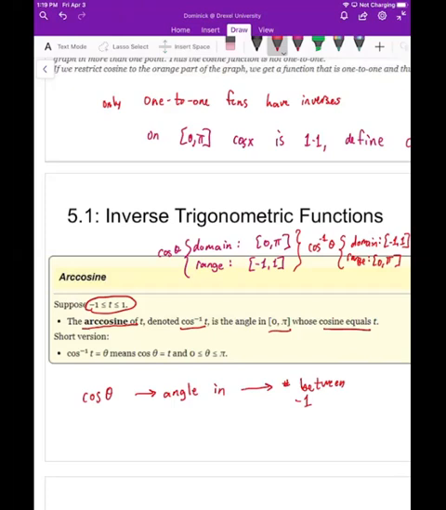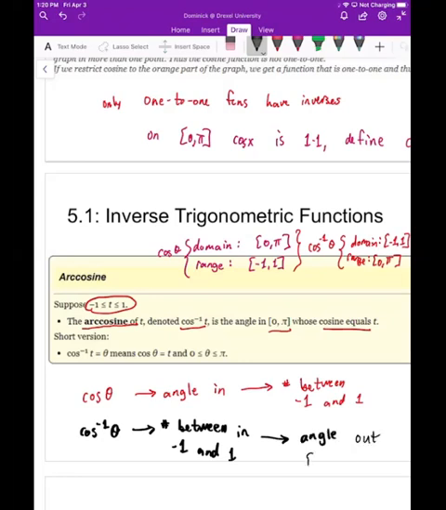Now, for the inverse cosine, of course, the opposite happens. You're going to have a number between -1 and 1 go in, and you're going to have an angle come out. And of course, in order for this to be one-to-one, that angle will be between 0 and pi.